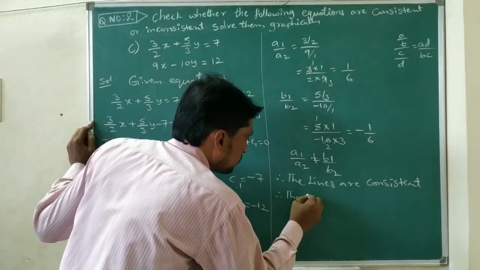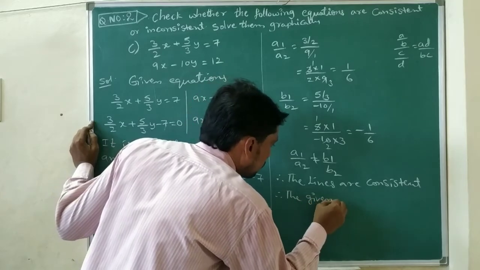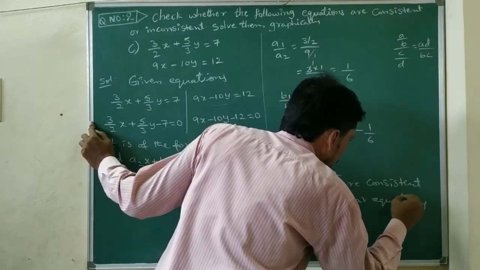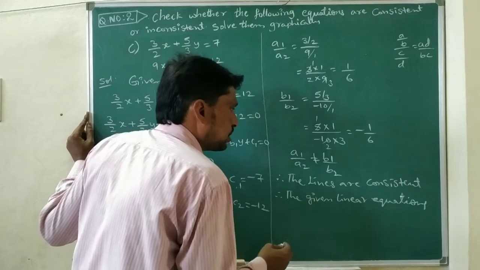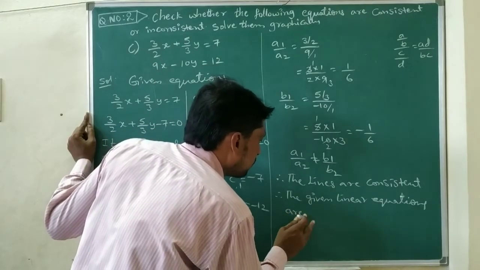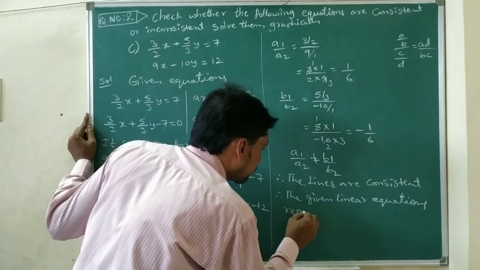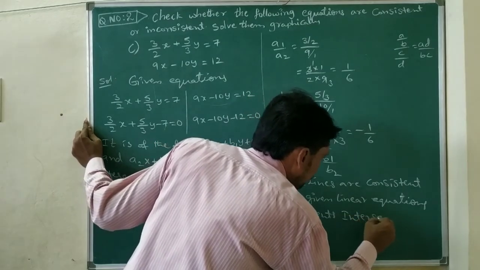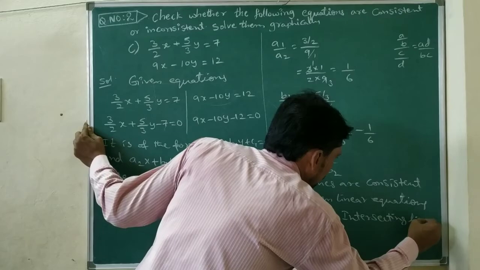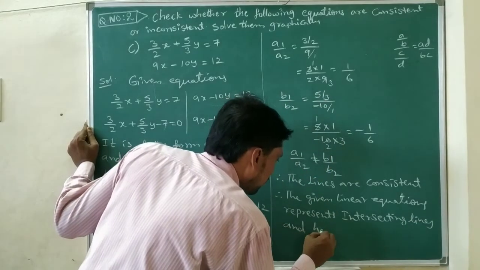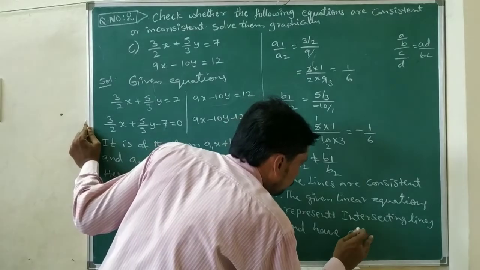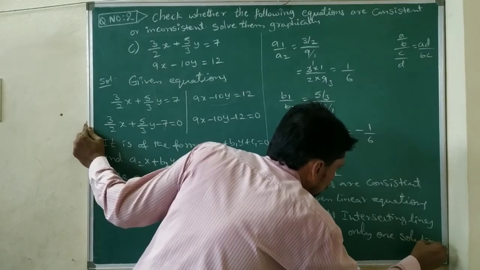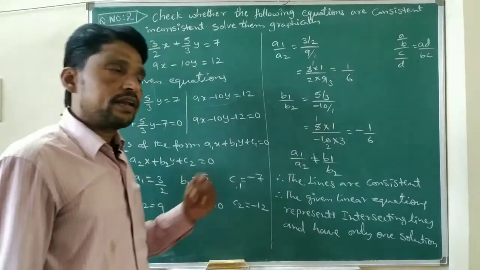Therefore the given linear equations represent intersecting lines and have only one solution. This is about consistent or inconsistent.